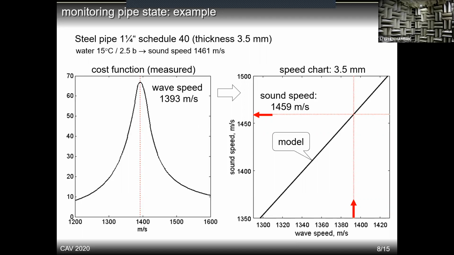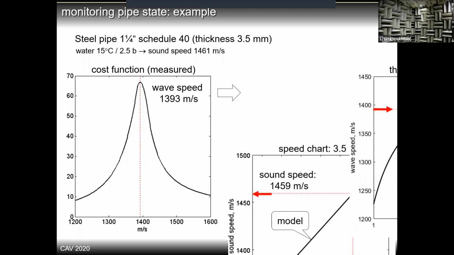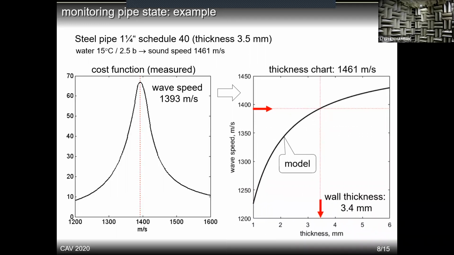For doing this, we shall again take the model, but make the computation in a different way, such that we vary the thickness within a reasonable range, and we find inversely what is the thickness which will give the wave speed of 1393 meters per second for this pipe. And we found here that the thickness corresponding to this measurement is 3.4 millimeter.